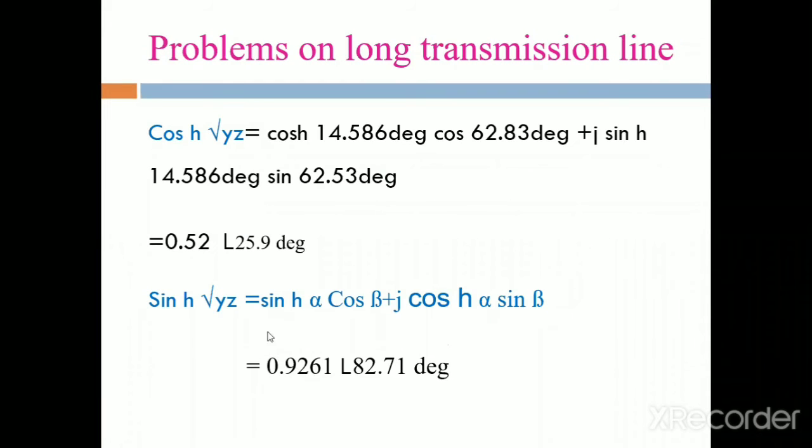We already calculated these, so we substitute these values and obtain 0.9261 at an angle of 82.71 degrees.